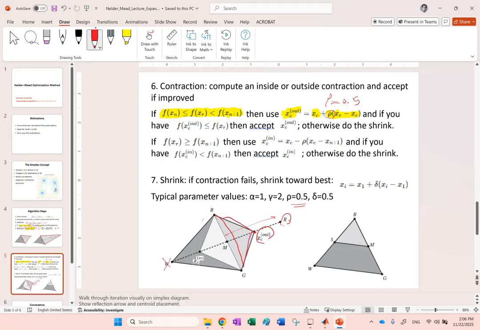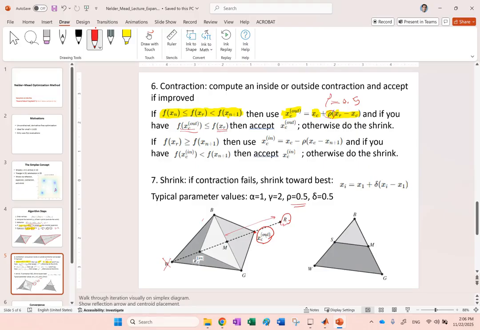Now, we get the new point x of c outside. Are we going to use it? Before we accept it, we have to check something. We have to make sure that this outside contraction point got us a better value than the reflection one. Because reflection already beats the worst one.